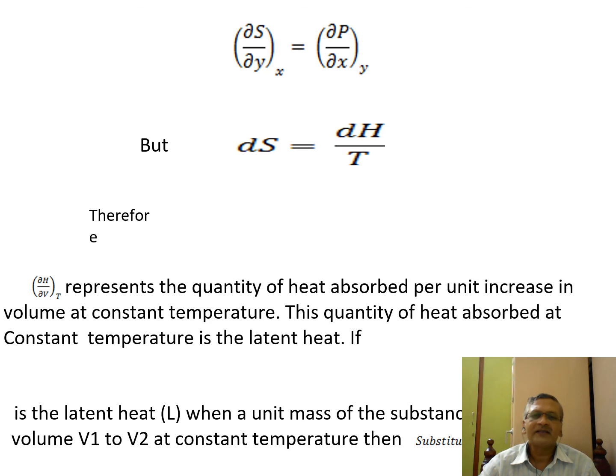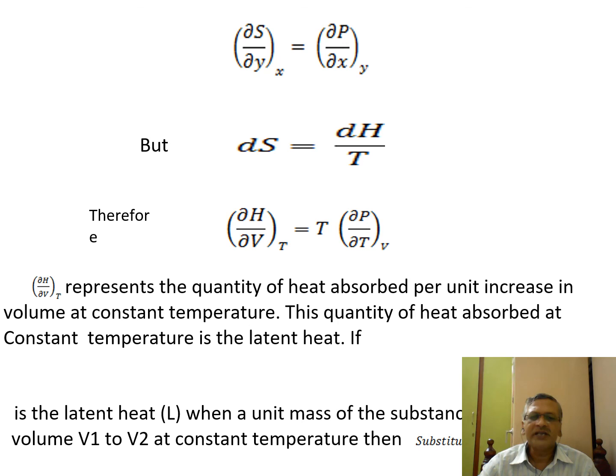Replace x and y's, dS is equal to ∂H/T. Substituting above, the equation becomes ∂H/∂V at T is equal to T into ∂P/∂T at V. Now in this equation, ∂H/∂V, ∂H is the change in heat.